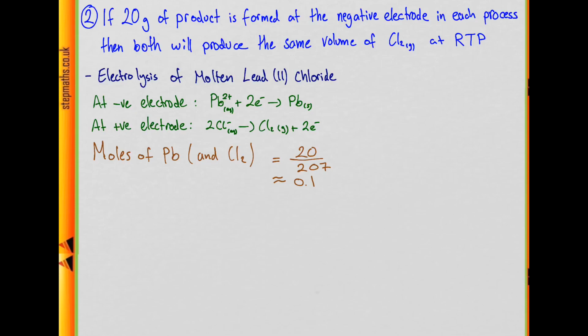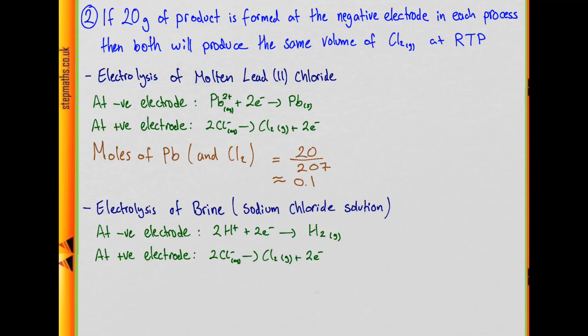Now looking at the electrolysis of brine, we also have at the anode chloride going to chlorine gas. However, at the negative electrode, we don't have sodium, we have hydrogen cations going to hydrogen gas. This is because the sodium cation is more stable than the hydrogen cation, as sodium is higher in the reactivity series.